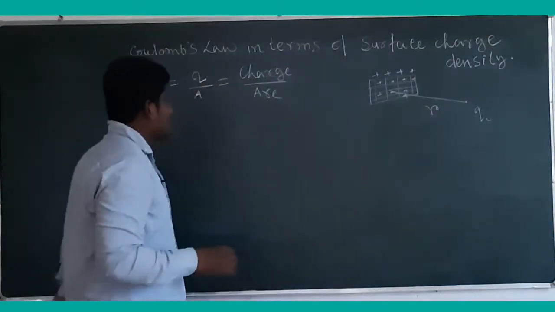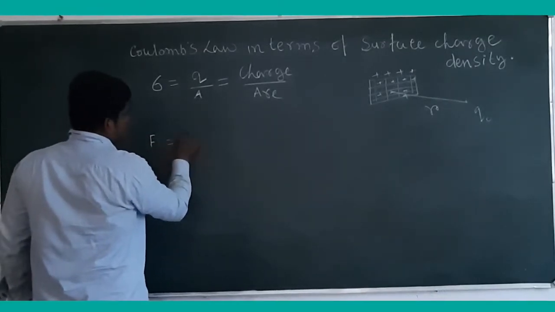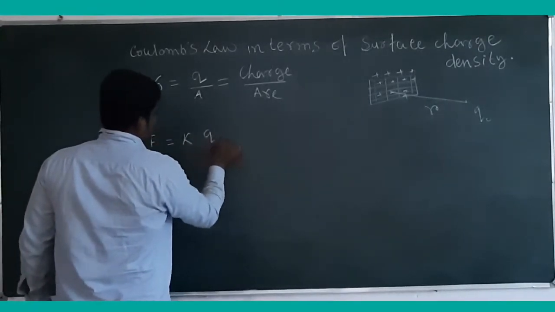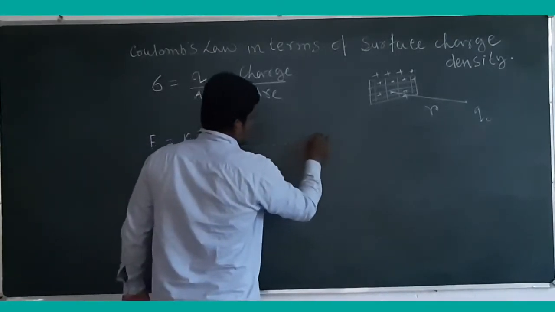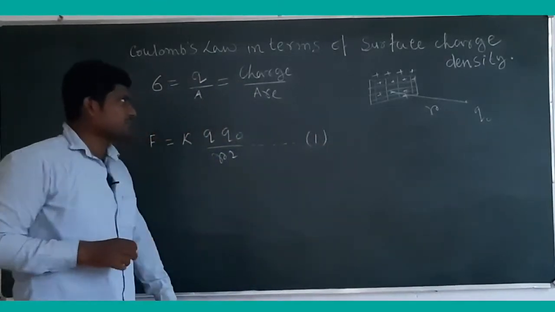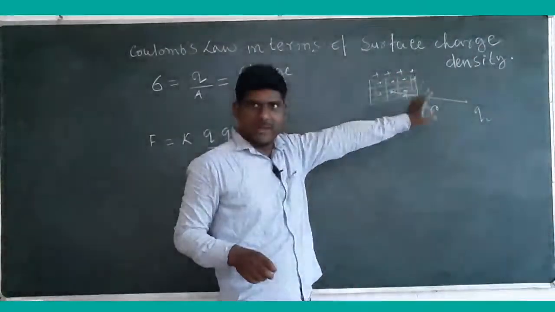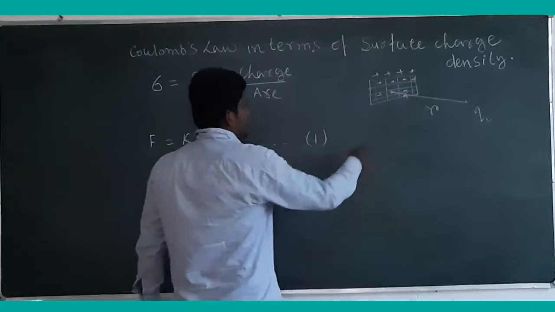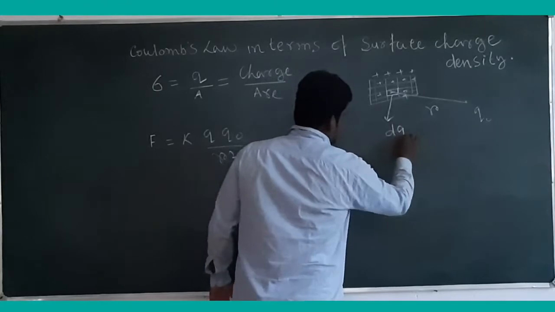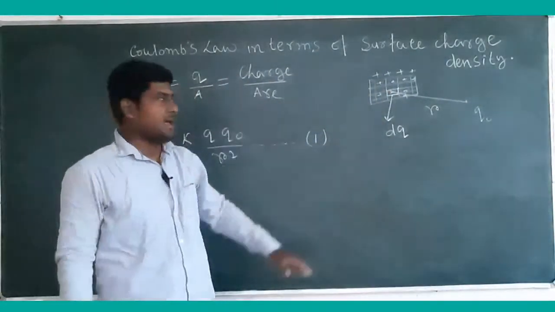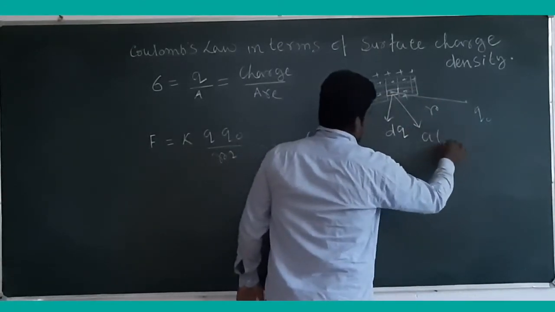in terms of Coulomb's law we can write F is equal to K Q Q0 by R square. This is your expression of Coulomb's law. Consider a charge Q is placed at this place. Now as this is a small portion, consider there is a charge dq in this portion and the area of this portion is small a.